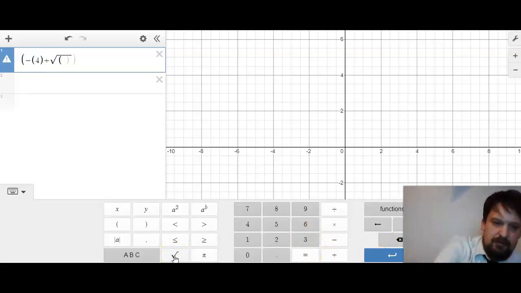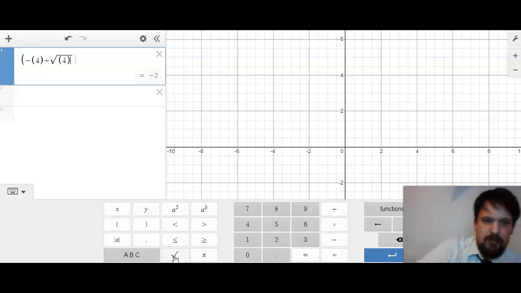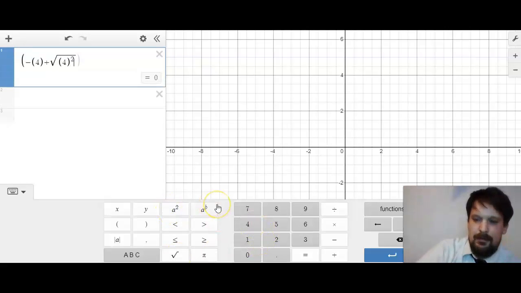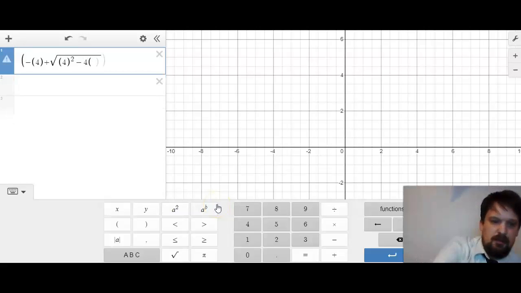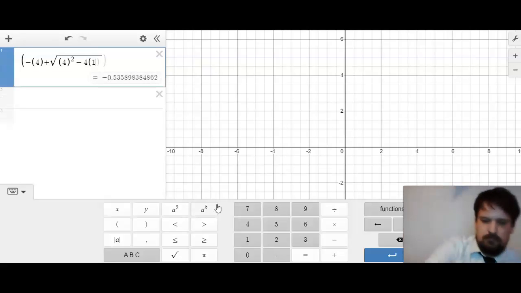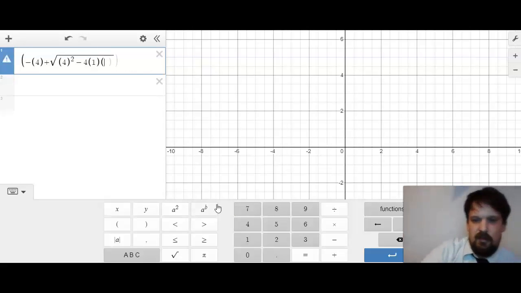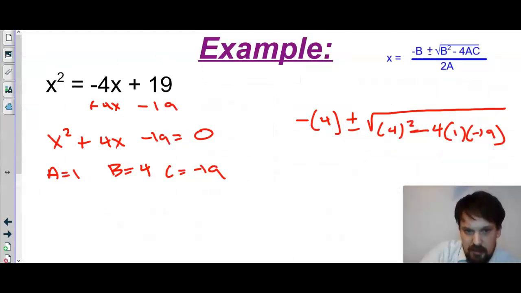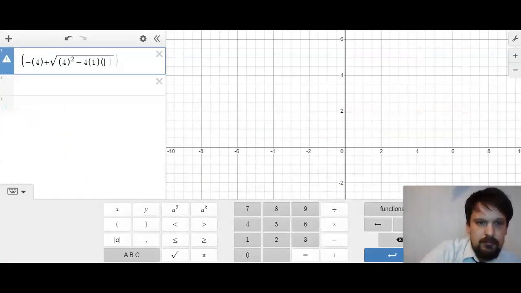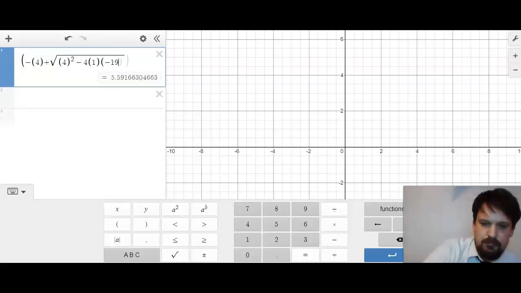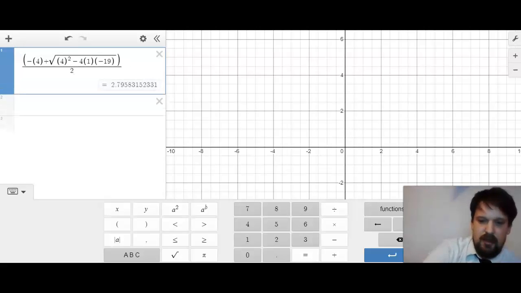So parentheses 4 parentheses squared minus 4 times a, which was 1, times c. What was my c? C was negative 19. And the parentheses there, and my parentheses, all divided by 2 times a.